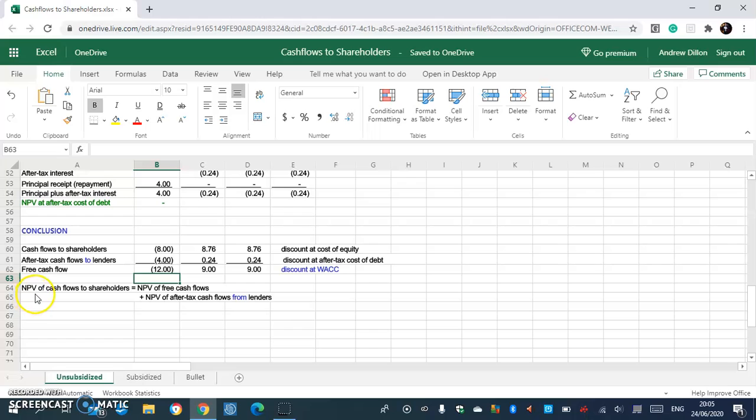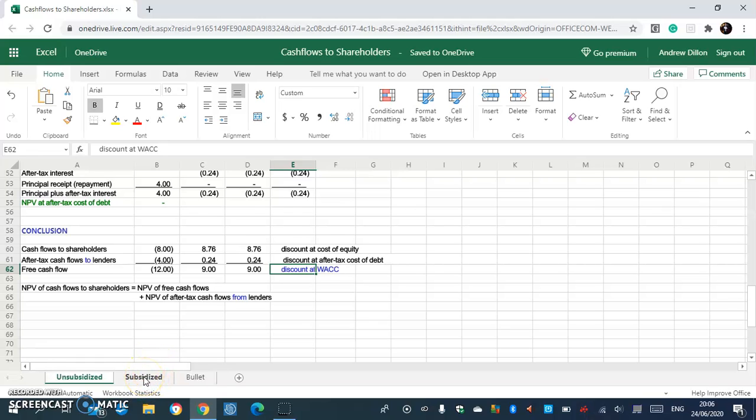Net present value of cash flows to shareholders equals net present value of free cash flows plus net present value of after tax cash flows from lenders. And this section is the discount WACC, which I just calculated here. Okay, so that's unsubsidized, calculated and finished.